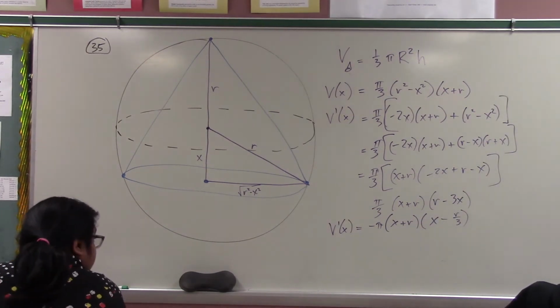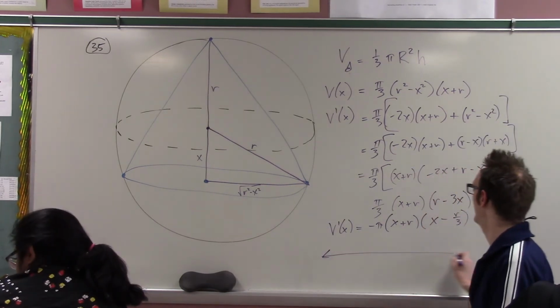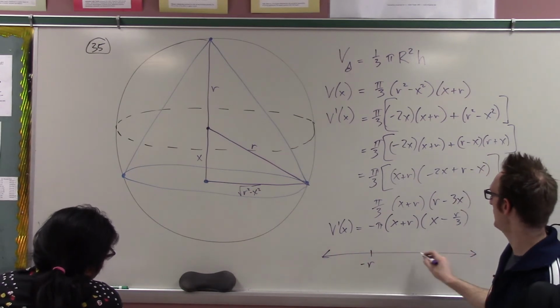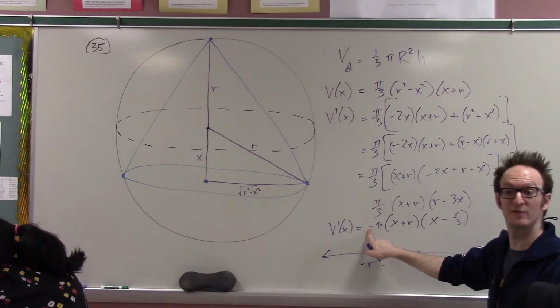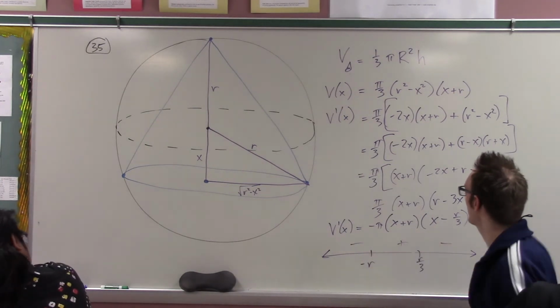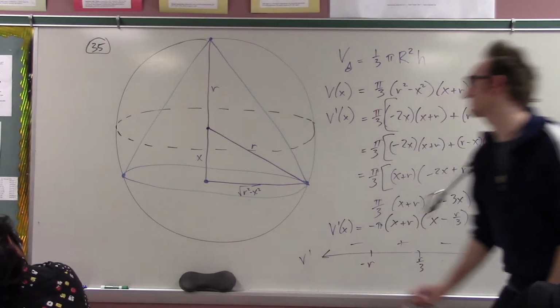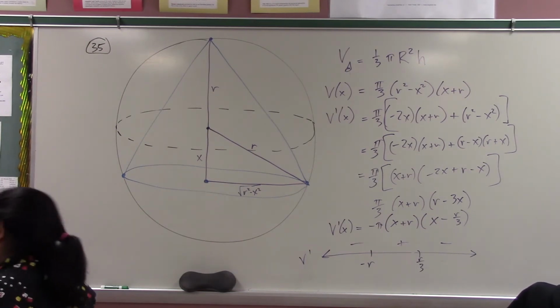And what do I have to say about this quadratic? Well, it has 2 roots, one at negative r and one at r over 3. And the leading coefficient is negative, so it's negative, positive, negative. Now, of course, it makes no sense for r to be negative, but it's still helpful to put it on your sign chart anyway, because it helps you make the correct sign chart.